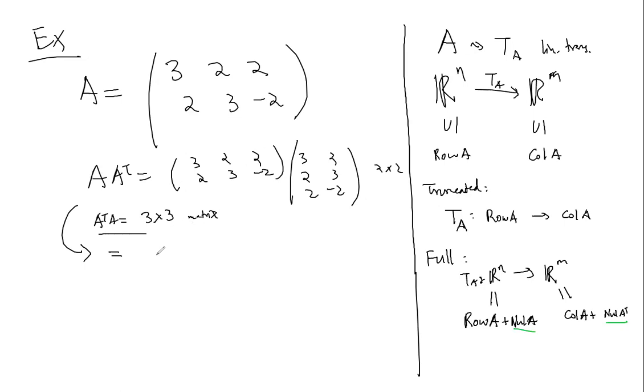So what do we get? 9 plus 4 plus 4, 17. And then 6 plus 12 minus 4 is 8. And then 17.